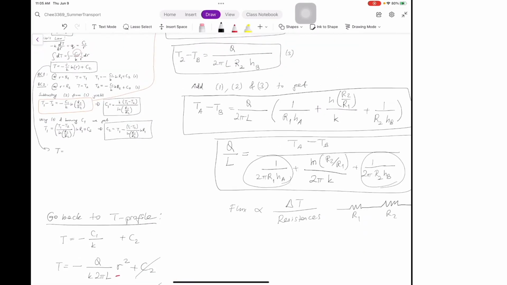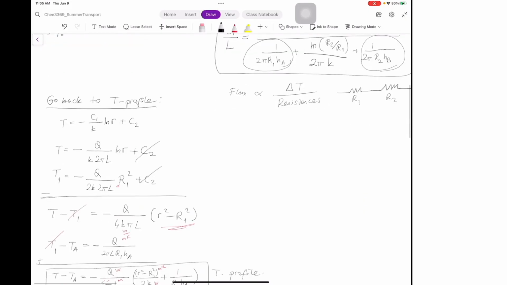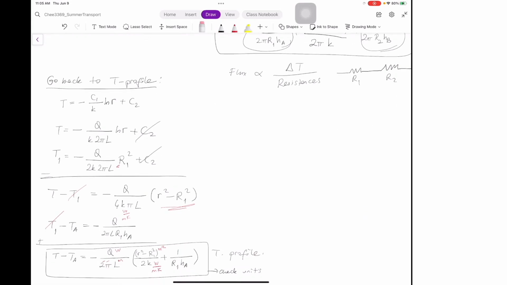It's basically minus C1 over K, logarithm of R, and we plug in R1.